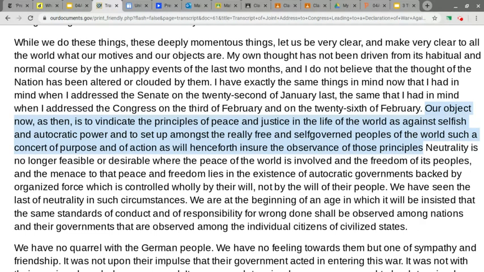To vindicate usually, when that's used in non-political terms, means if you feel vindicated, you feel like your behavior has been justified. In this case, he's basically saying we've got to protect these principles.